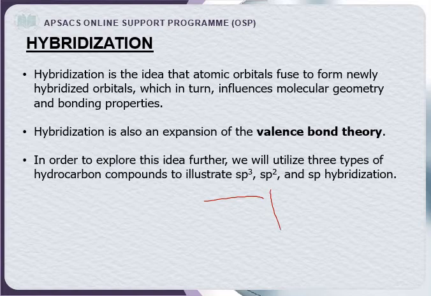The second one is called sp2 type, in which one s and two p orbitals will overlap to give three new hybrid orbitals, and sp hybridization, in which one s and only one p orbital will mix together to produce the new hybrid orbitals. There will only be two hybrid orbitals.